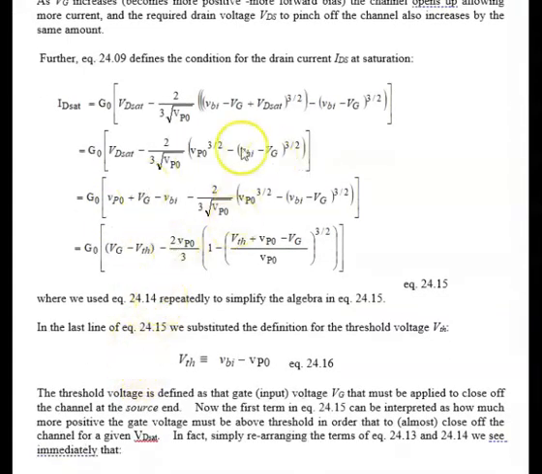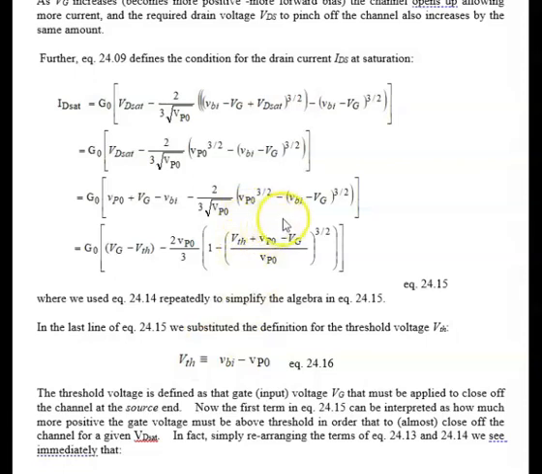We didn't do anything here, but in going from this line to this line, we just defined V threshold as VBI minus VG. So this thing becomes minus V threshold.